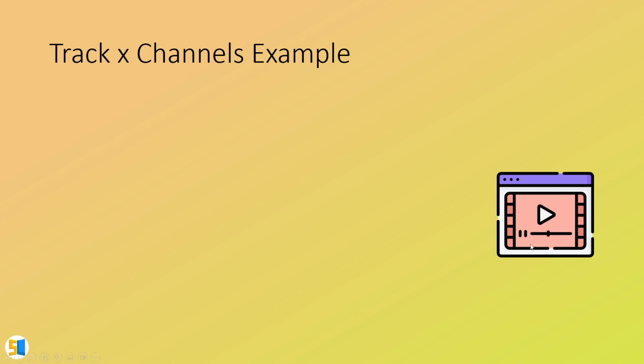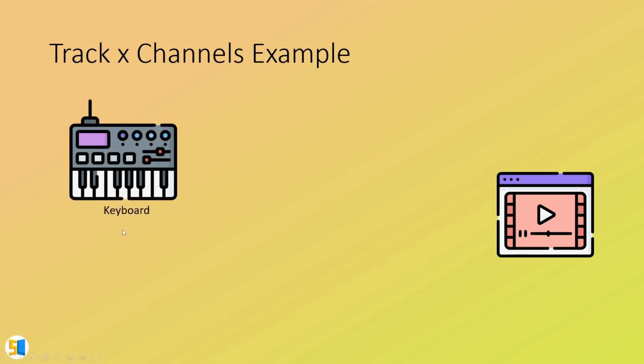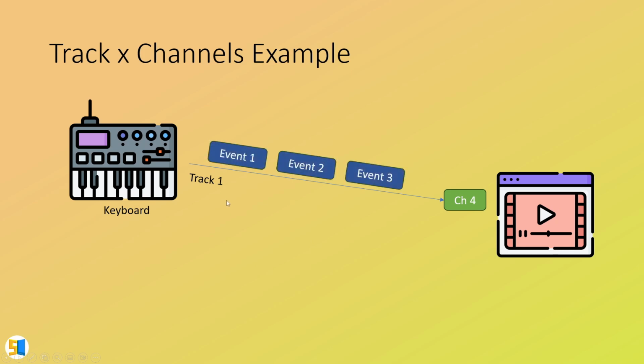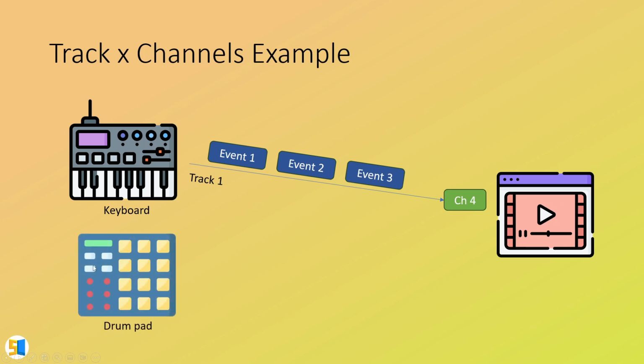Let's say I want to make a MIDI sound using software. I plug in my keyboard, right? And then I play a sequence of notes, and I plug it into channel 4, for example. This is the first track. Because I play a bunch of notes, that will be translated into several events. Let's say I have another instrument, a drum pad, for example.